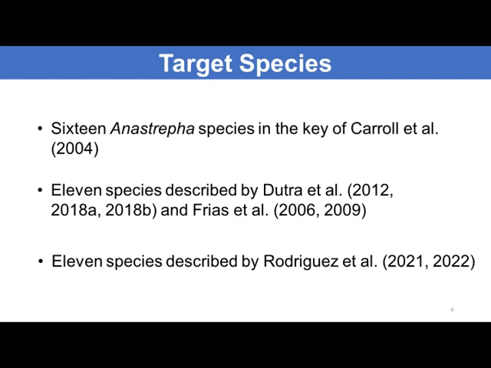For this project, the target species are those 16 species included in Carroll et al., those 11 species that Diptera et al. and Frias et al. described in the last 10 years, and those 11 species recently described by Erick Rodriguez et al.